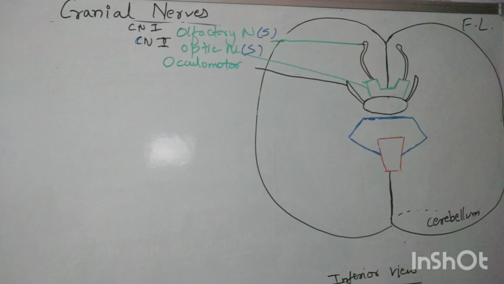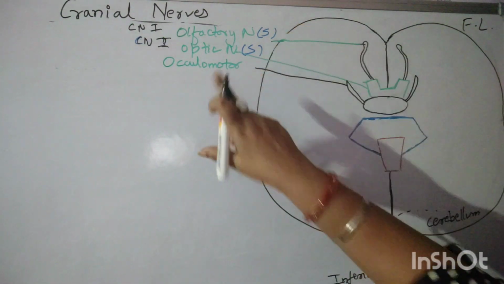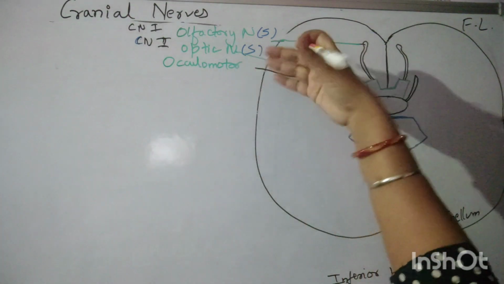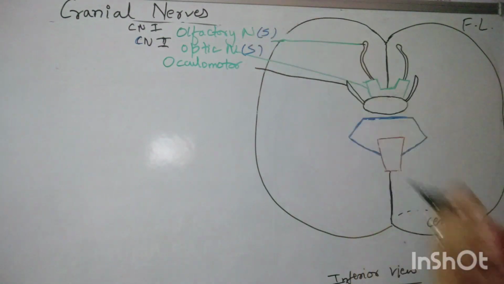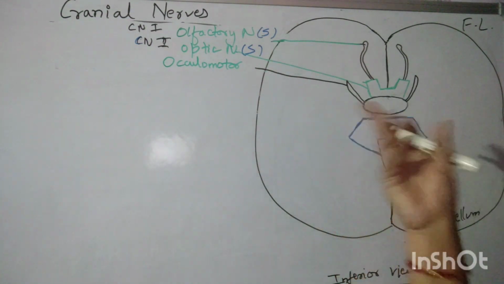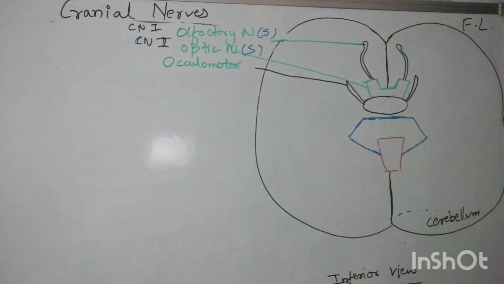Now see, you're getting the smell, you're getting the visualization that food is here in this corner. Now our eyes start searching for our favorite food. Our eyeball rotates, and the rotation of the eyeball is due to the oculomotor. So which type of sense is this? The brain sends the message to search for that food, and now the eyeball starts rotating in all directions.